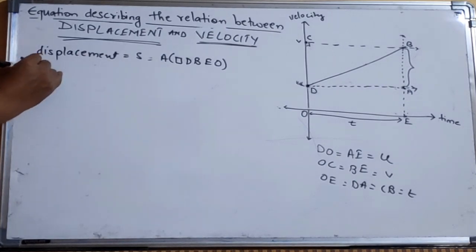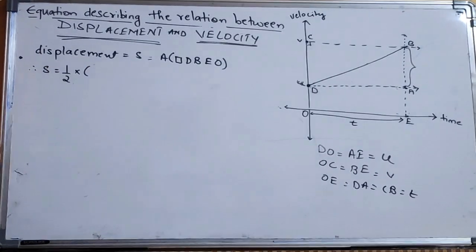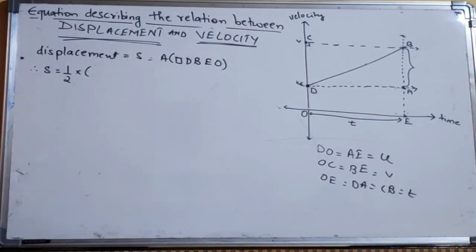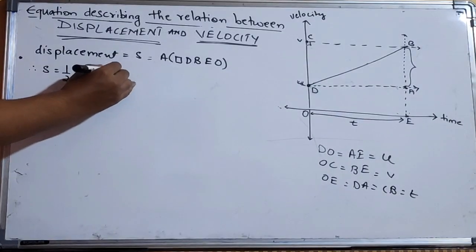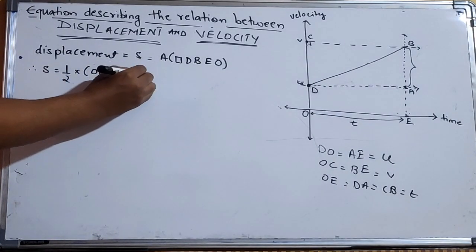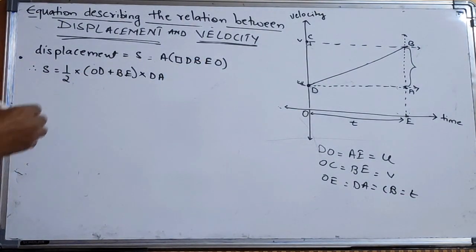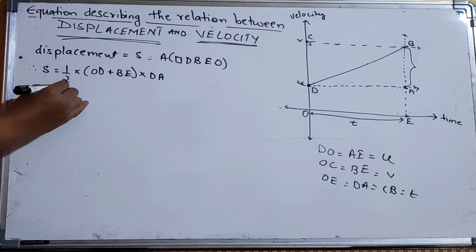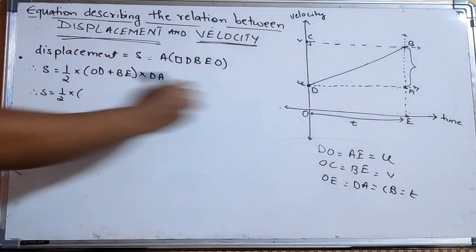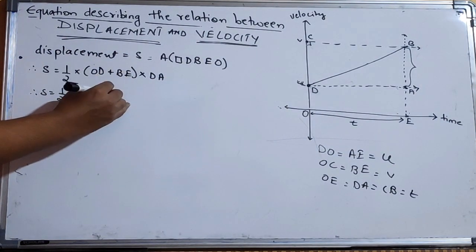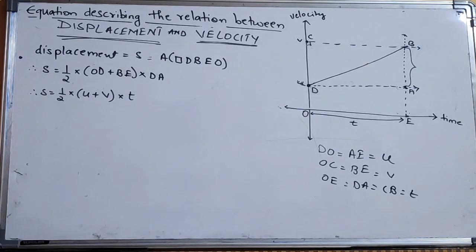So S is equal to half into the sum of the parallel sides. The sum of the parallel sides is OD plus BE, multiplied by the height, that is DA. Therefore, S is equal to half multiplied by OD, which is U, plus BE, which is V, into DA, which is T.